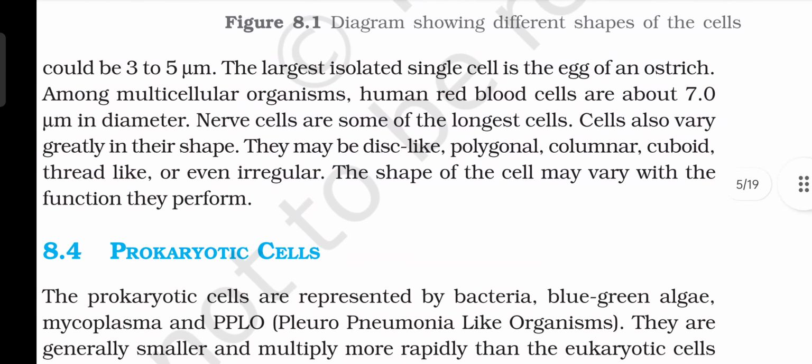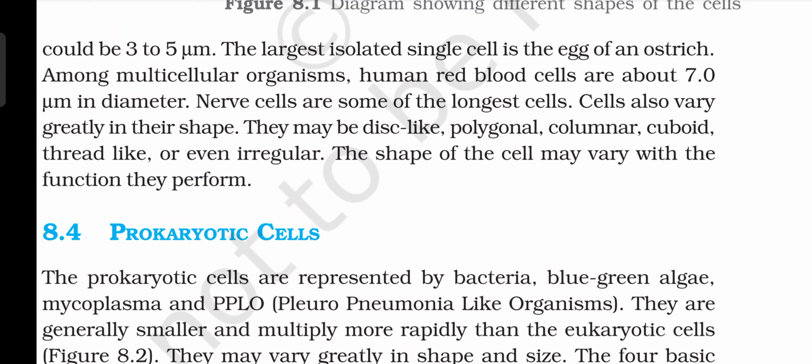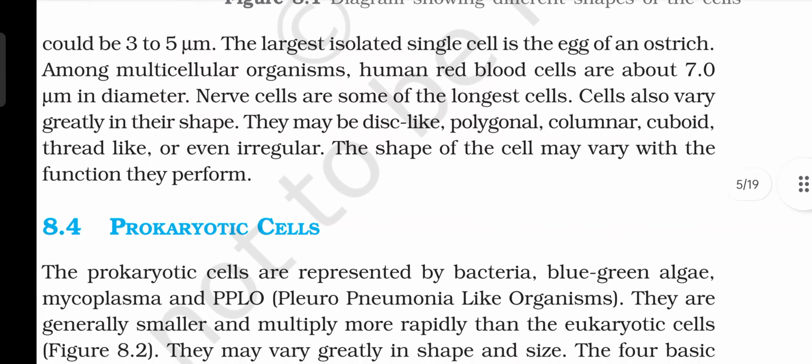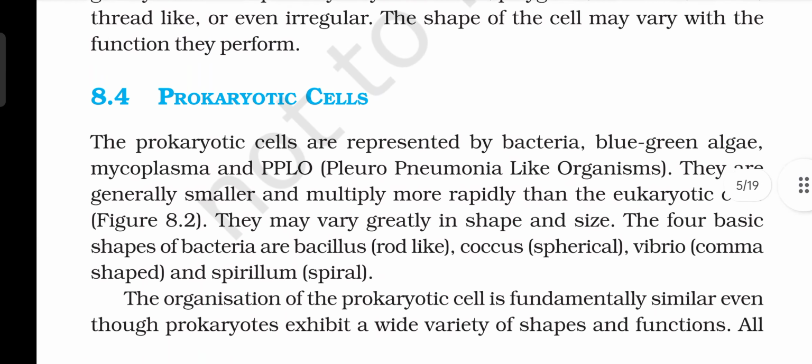Among multicellular organisms, human red blood cells are about 7 micrometre in diameter. Nerve cells are some of the longest cells. Cells also vary greatly in their shape. They may be disc-like, polygonal, columnar, cuboidal, thread-like, or even irregular. The shape of the cell may vary with the function they perform.